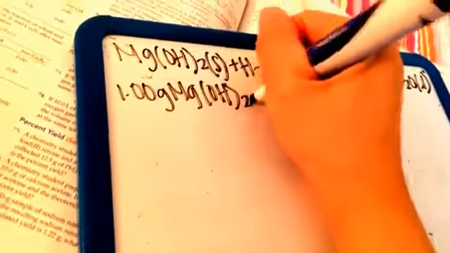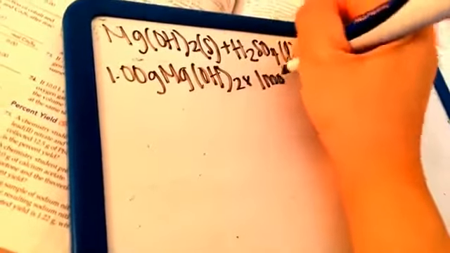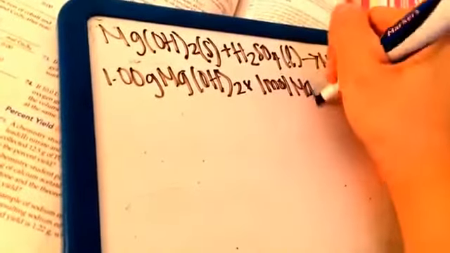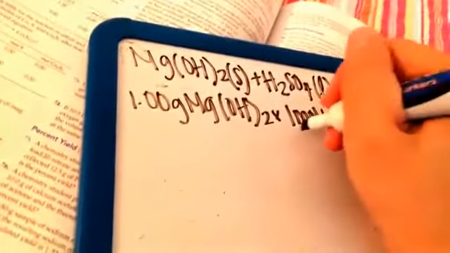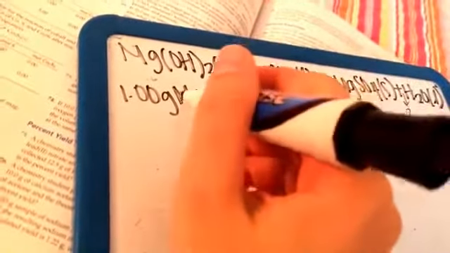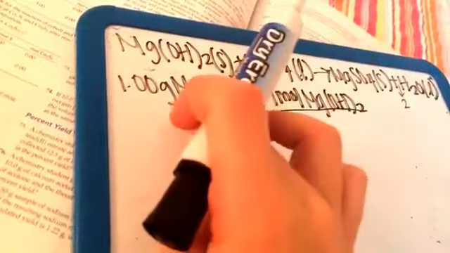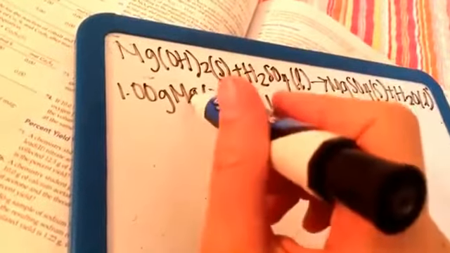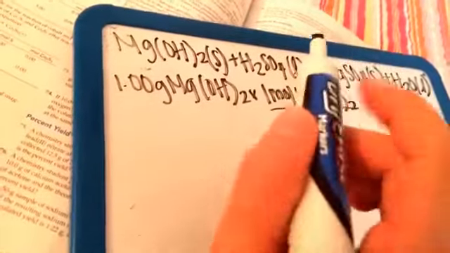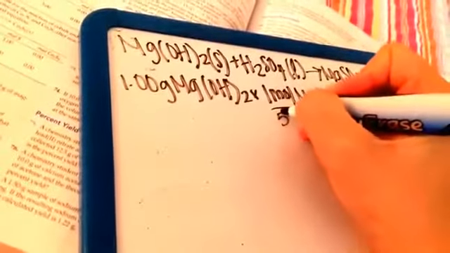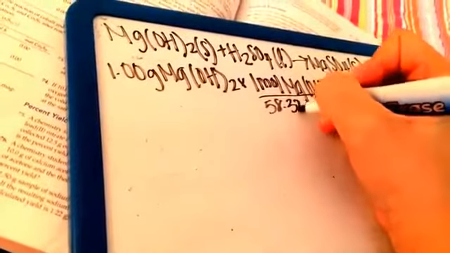So we're gonna start out with 1.00 grams of Mg(OH)2 times 1 mole of Mg(OH)2 over the mass. So Mg is 24.31, O is 32, and H is 2.01, gives me 58.32.